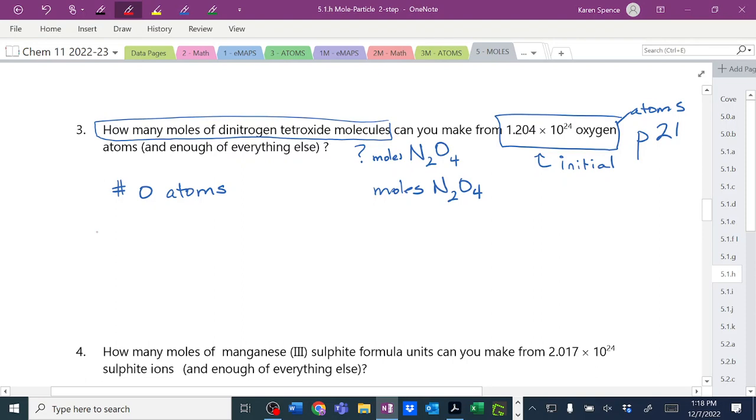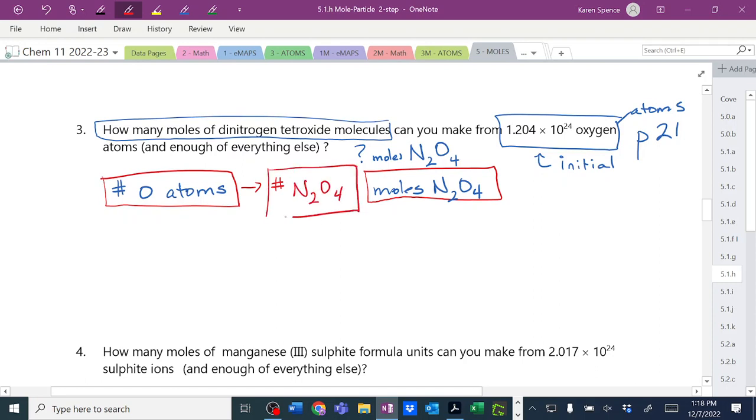I'm starting with the number of O atoms, and I want to finish with moles of N2O4. Can I go directly there in one step? No. In between, I have to take the number of O atoms and convert it into the number of molecules of N2O4. And from there, I can convert it in a second step into moles of N2O4.